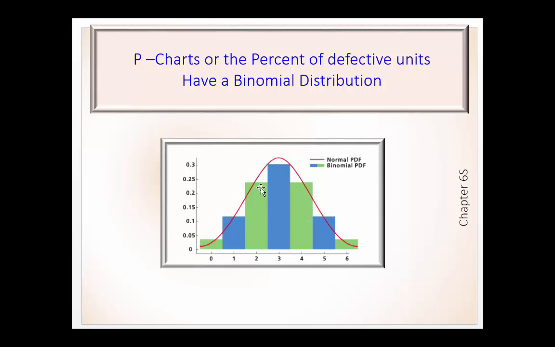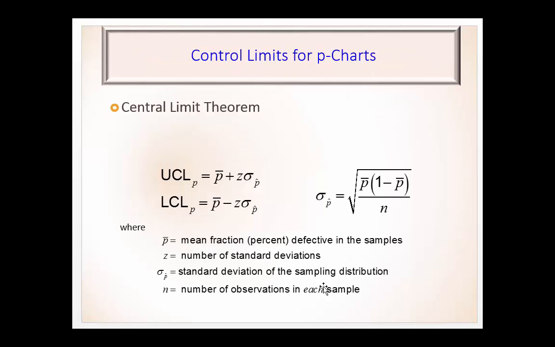So the bulk of our observations we expect to be right here in the center spot. With that, we can then easily calculate the standard deviation of P and again compute the limits, very similar to the other methods that we have done. The only difference really is the standard deviation.